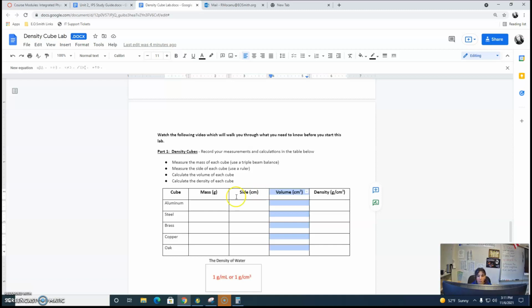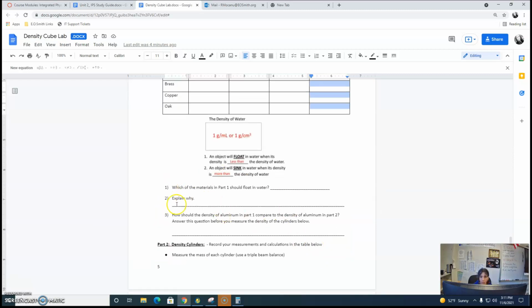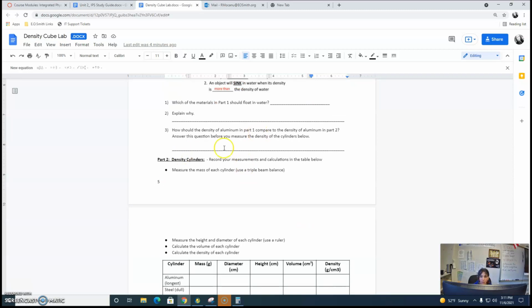And finally, you have the mass, you have the volume, and you practiced how to calculate density. You're going to use that skill right here to calculate the density for each one of these cubes. There are questions here that you need to answer before moving on.